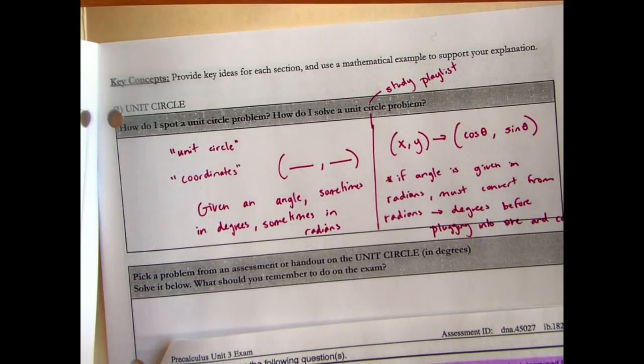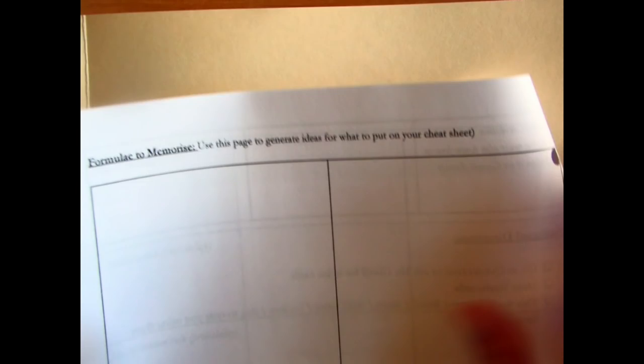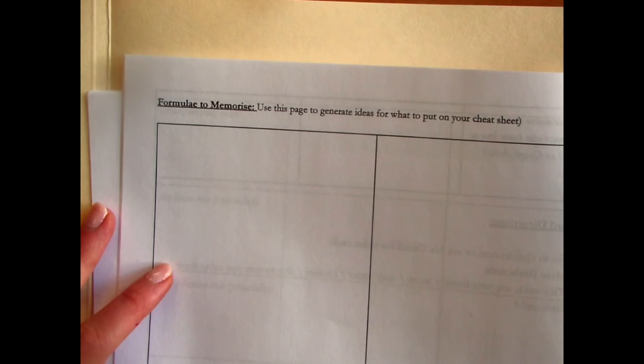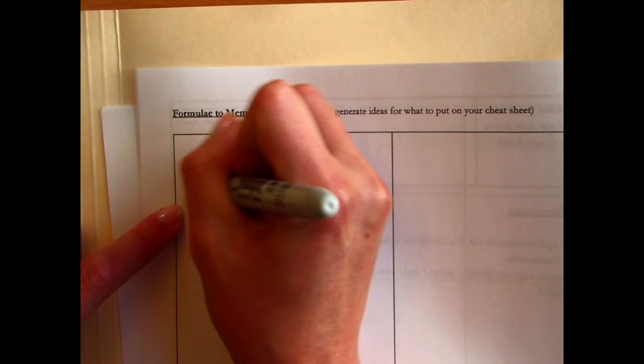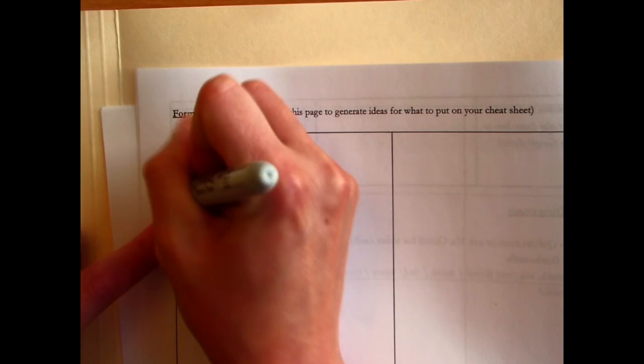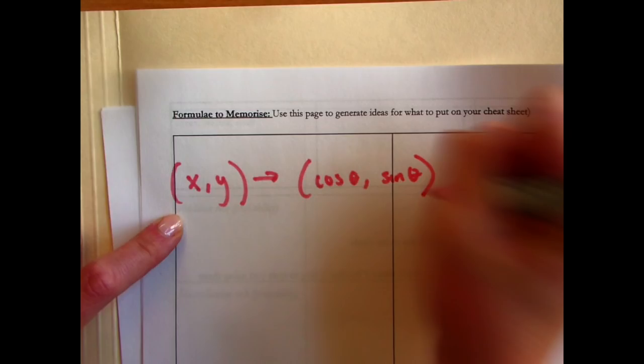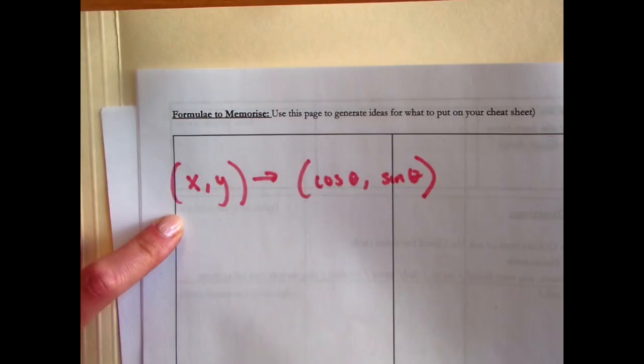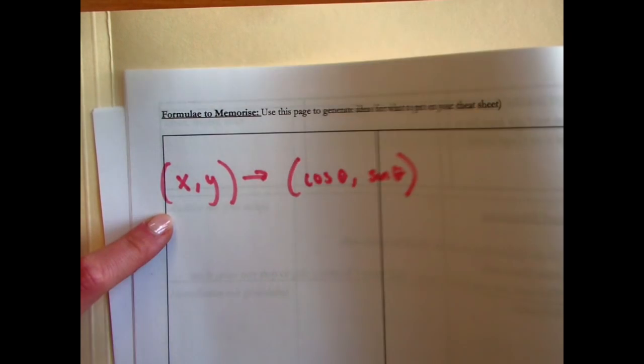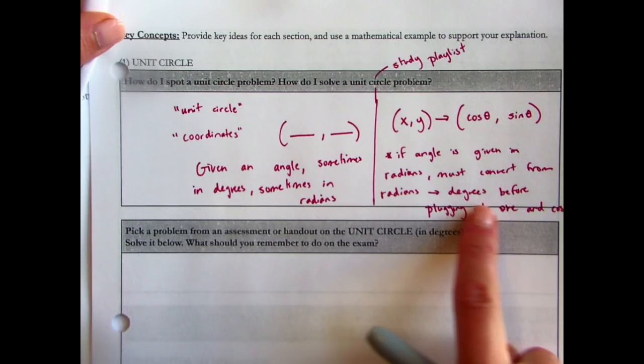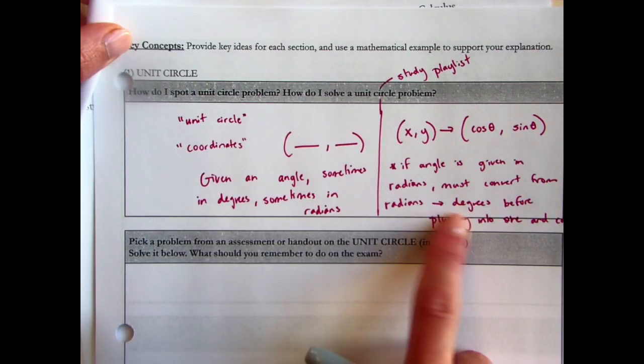Here on Wendy's essential question reflection, one of the questions is how do we convert radian measures to degrees? She said you convert radian measures to degrees by using the equation r times 180 over pi, and you convert degrees to radians by using the equation d times pi over 180. So I'm going to put that equation in my cheat sheet.